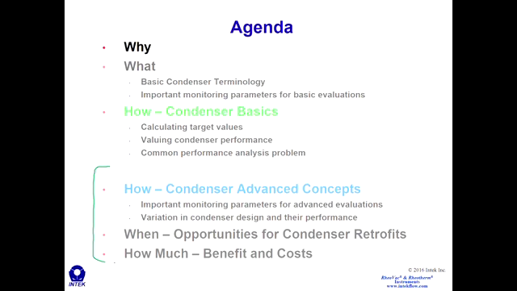We call those engineering projects, or retrofits. So when are the opportunities to address an underperforming condenser, when it's designed and it can be better? And then we'll answer the question how much: what are the benefits and the costs of going forward with some of these condenser retrofit projects.